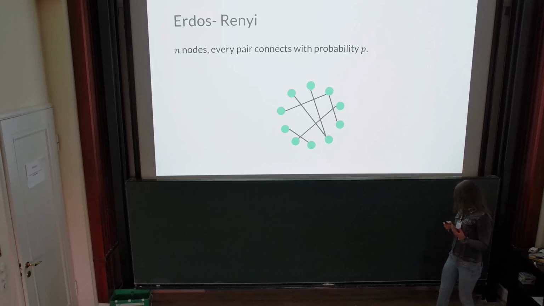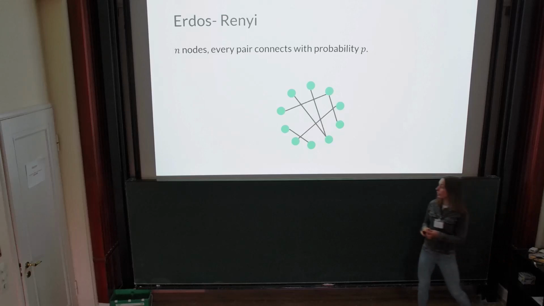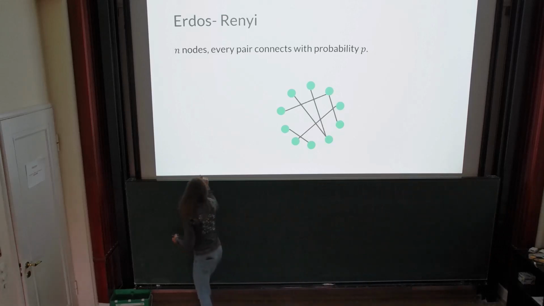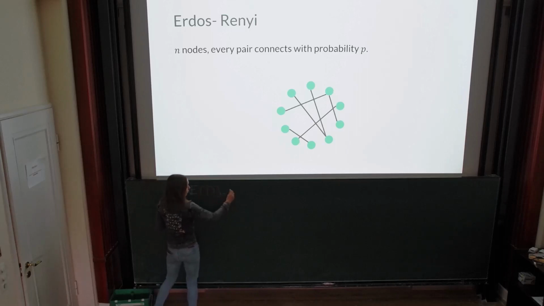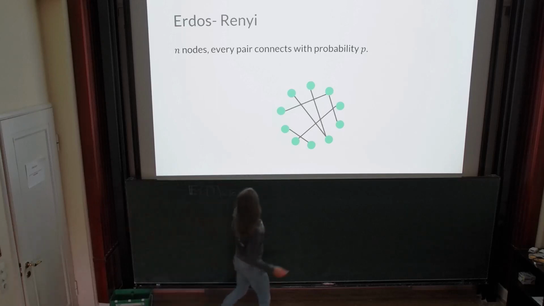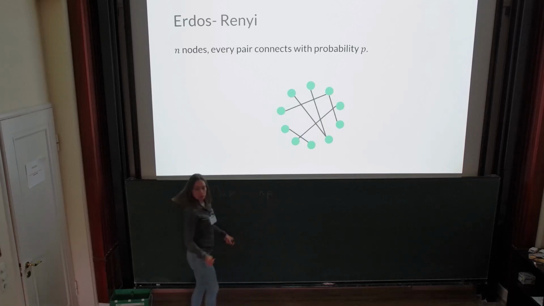Typically, we are interested in a regime where the average degree, so the expected degree, is some fixed constant. The average degree in this model would be (n-1)p, but let's say n is large, so approximately n times p would be the average degree.